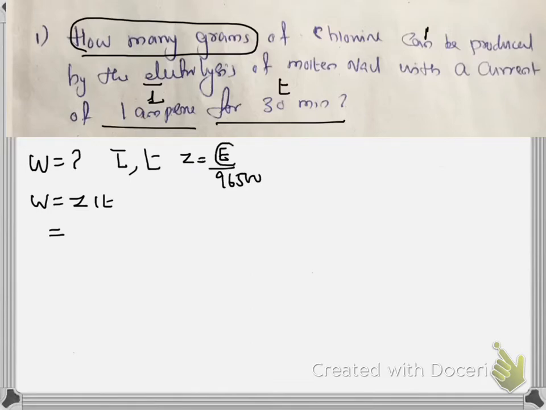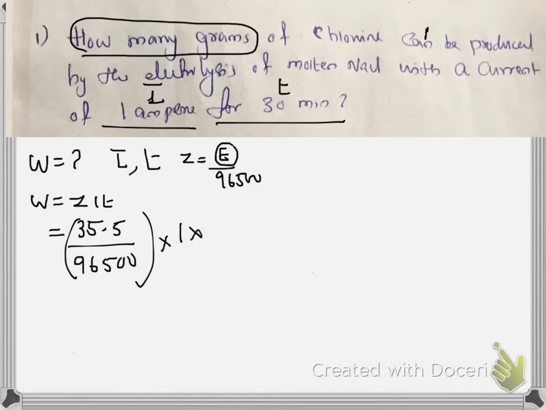E means equivalent weight of chlorine, that is 35.5, not 36, 35.5 divided by 96500, that is Z. I they have given as 1 ampere into 30 minutes, so we have to convert it into seconds by multiplying with 60.